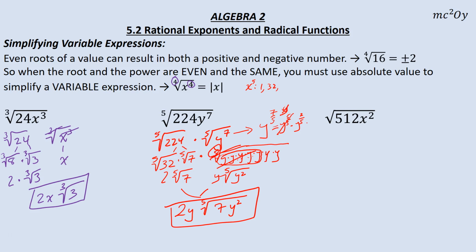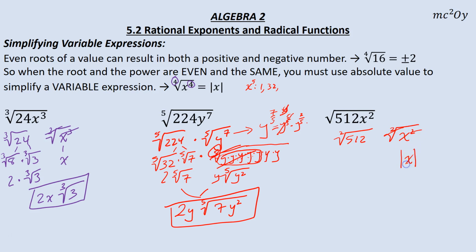All right. Next one, you're taking square roots. Well, square root of 512 and the square root of x squared. Notice a square root means second root, and I'm only going to show that here because when I'm dealing with that, notice I have two evens. They're both even, and they're the same. So the square root and squared cancel, but they're even and the same.